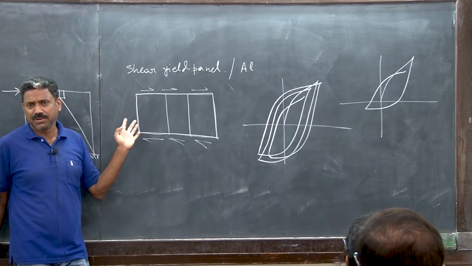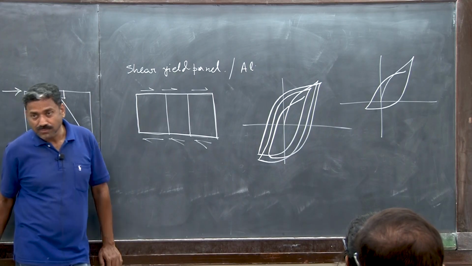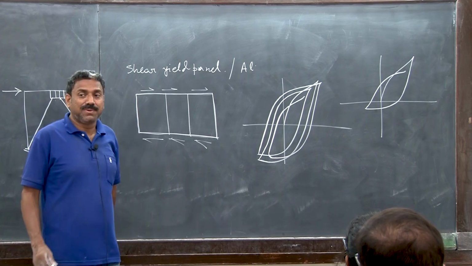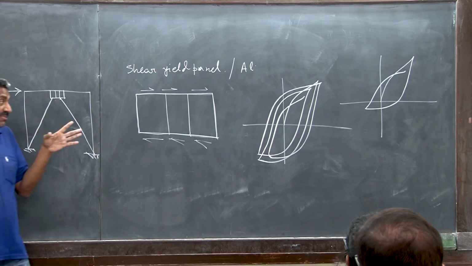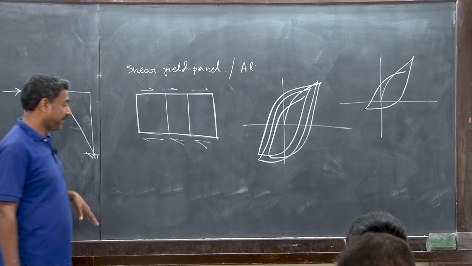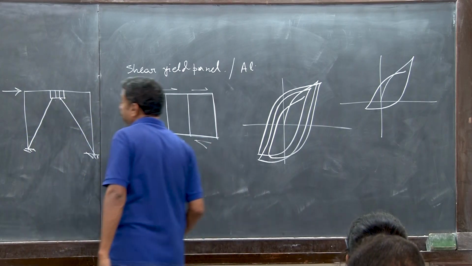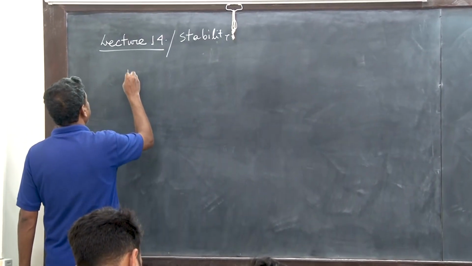But this is one example of shear buckling. Here buckling is not utilized, but yielding is utilized, and you have to make sure that it does not buckle prematurely under shear. Okay. So now we are going to consider post critical behavior.